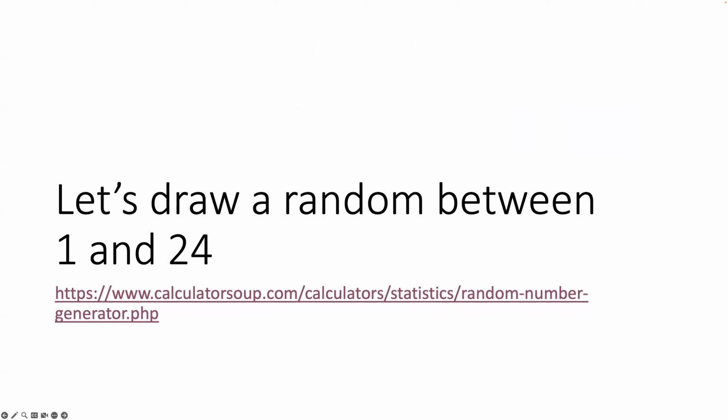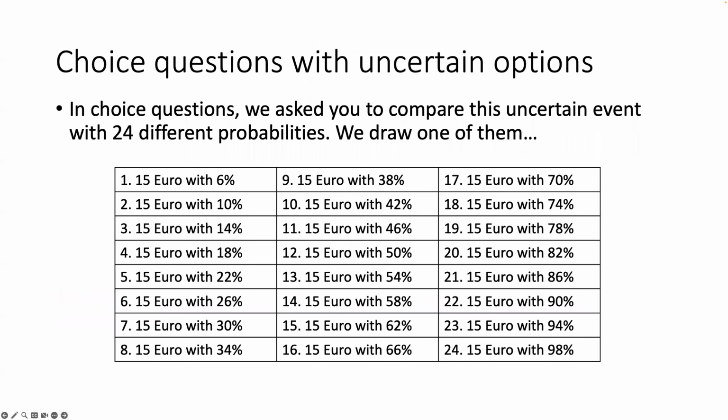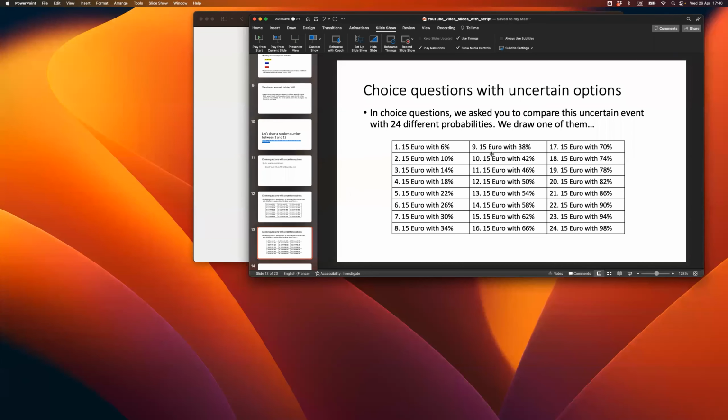Let's take a look to see which chance corresponded to number 9. Number 9 is here. So you get 15 euros with 38% chance. Let us now note this down.